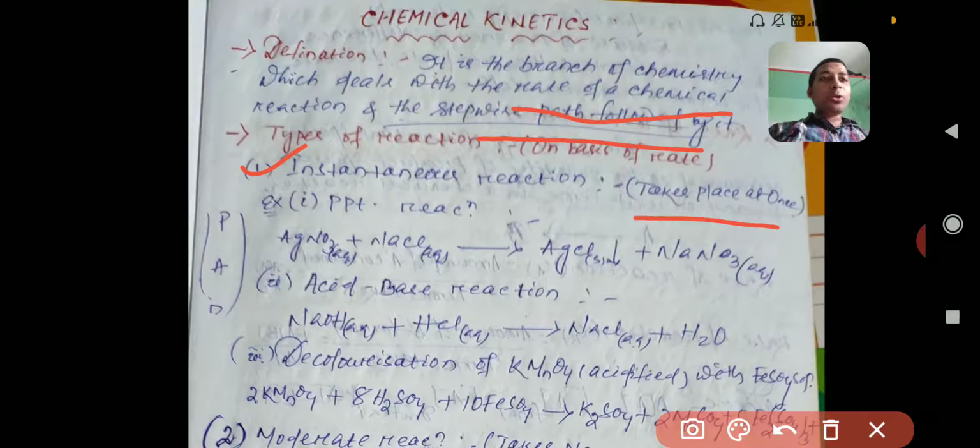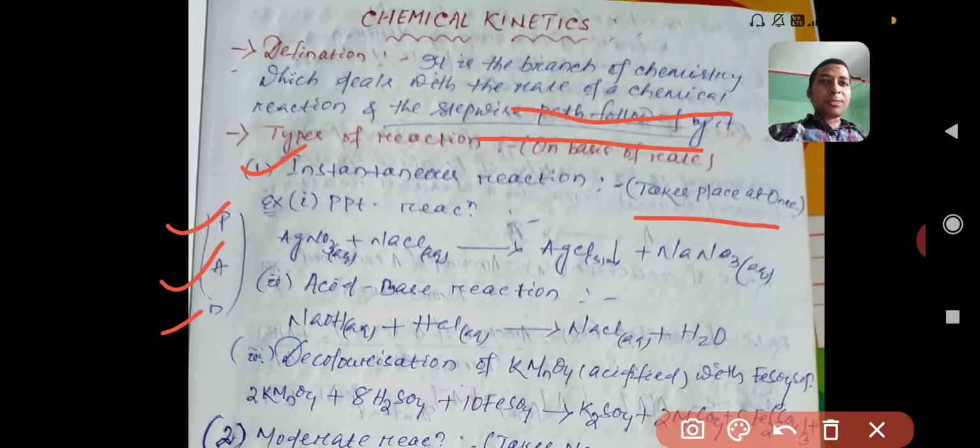In order to memorize the examples, I have written the short form PAD. That means precipitation reaction, acid base reaction and decolorization of potassium permanganate with ferrous sulfate solution. Memorize these examples and the type of reactions as well.